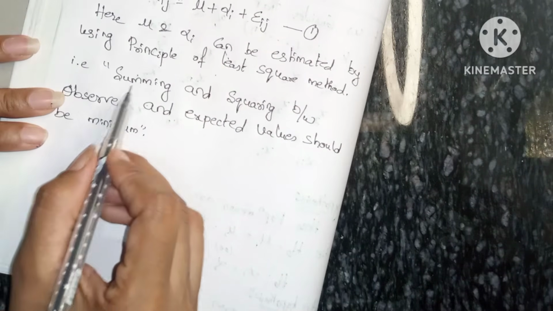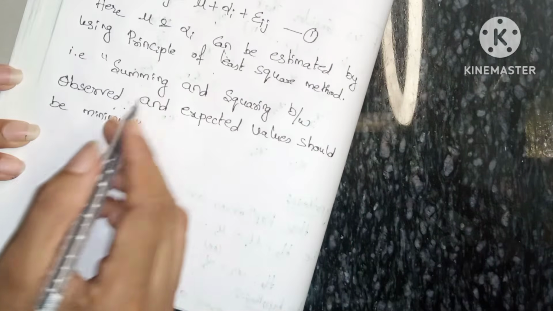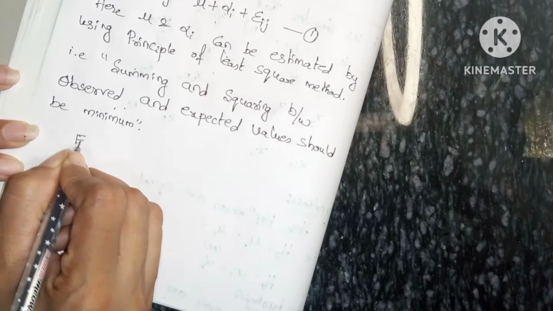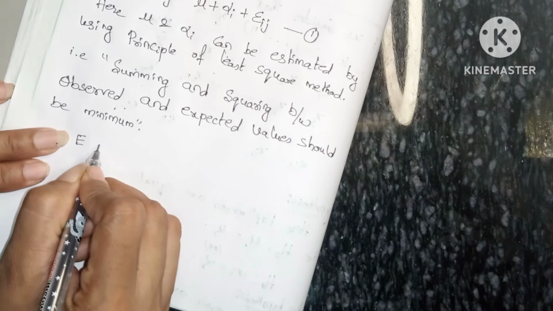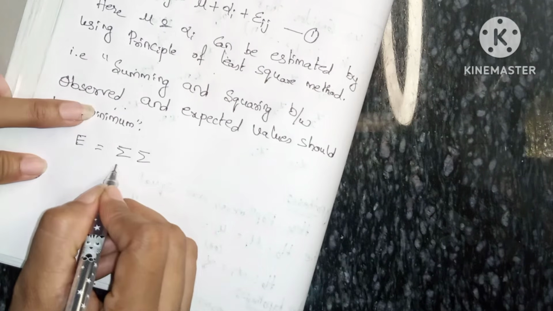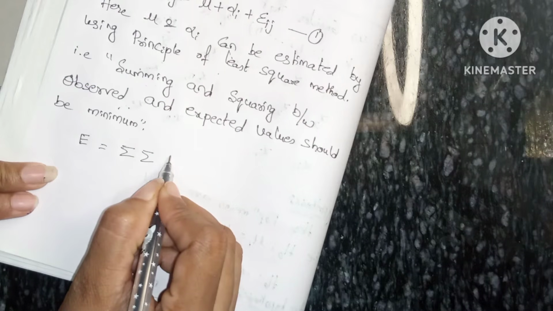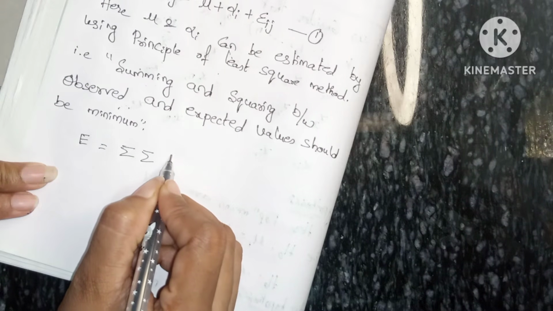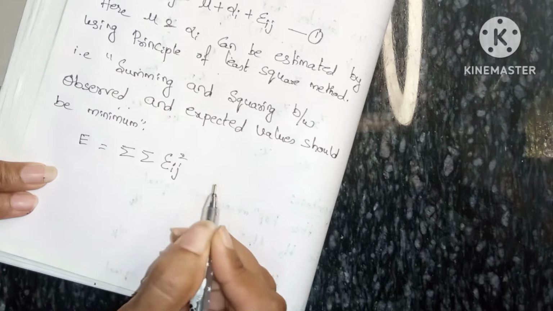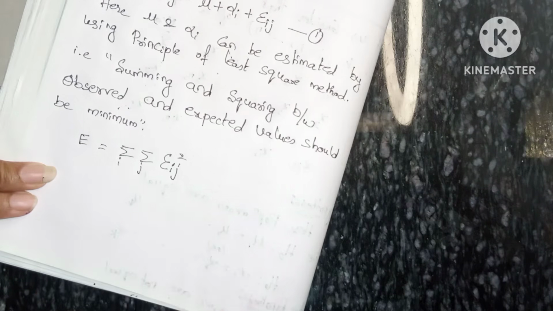Okay, so by using this definition we are going to write this equation, that is E equals summing, here we said summing and squaring, so what we have to do is epsilon ij square, with i limit and j limit.